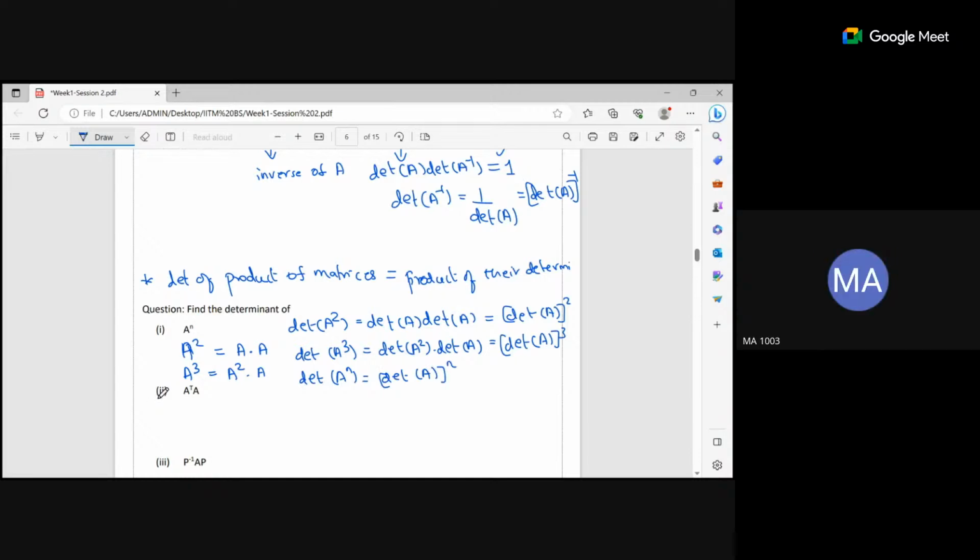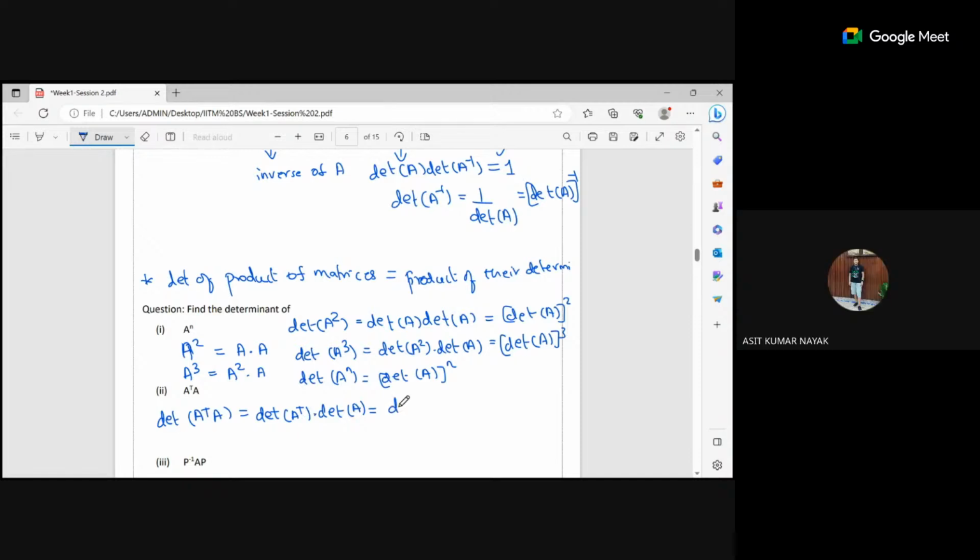So the next part here is A transpose A. Can you guess which property you have to use here? You have to use one or more properties maybe. The product property and determinant of A transpose equals determinant of A. So first of all, determinant of A transpose into A is equal to determinant of A transpose into determinant of A. Now, how can we write determinant of A transpose in terms of determinant of A?